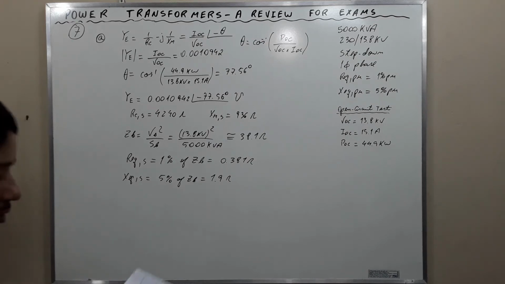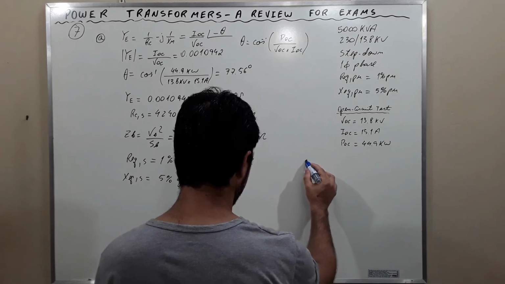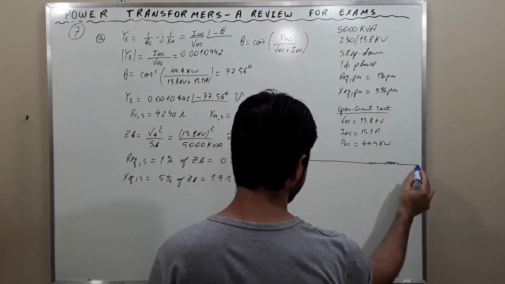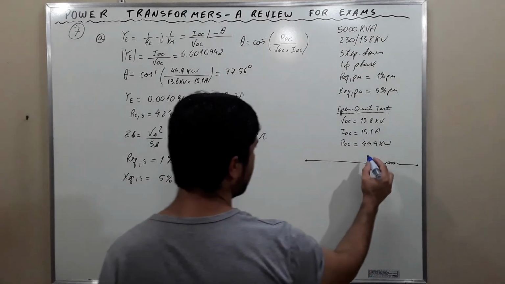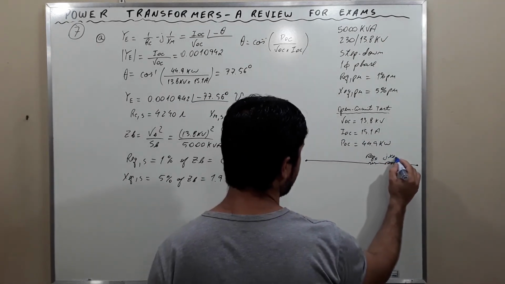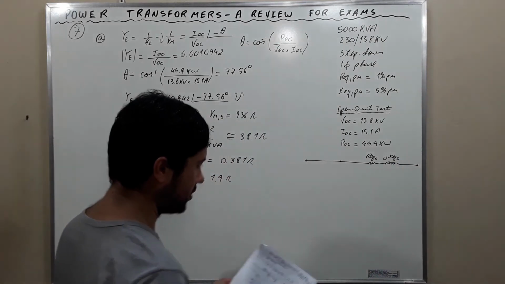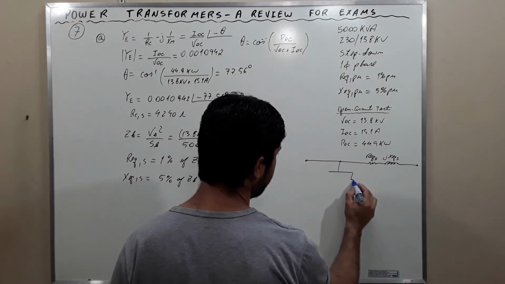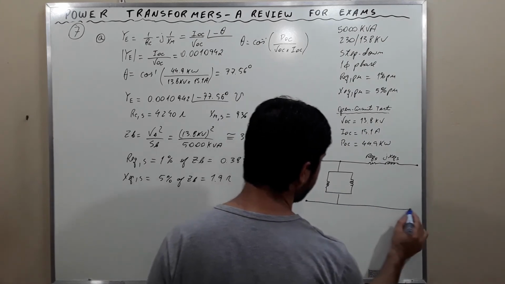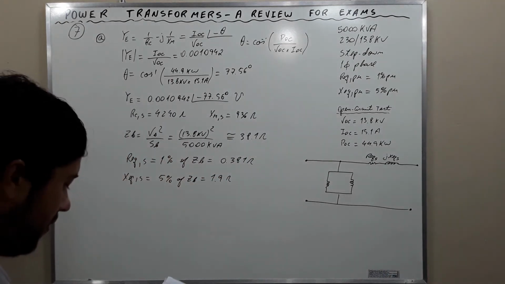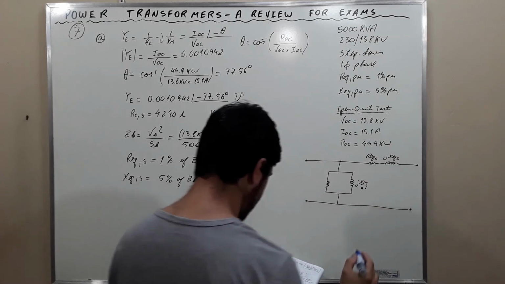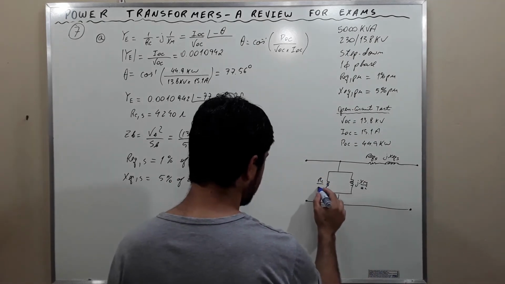With these values, we can draw the equivalent circuit. This is the equivalent resistance referred to the secondary side, this is the equivalent reactance referred to the secondary side, and this is the excitation branch, referred to the secondary side, where we have jXM over a squared and RC over a squared.